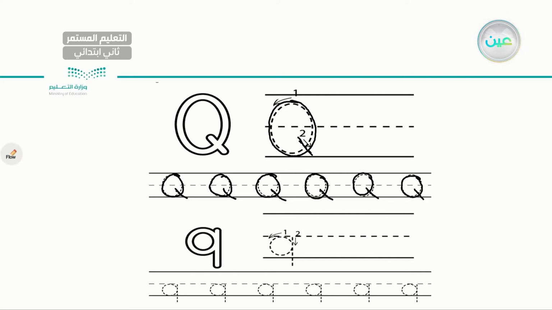Now let's go ahead and write small q. Quiet, question, and so on. Very good, my dear students. So far we covered 2 letters. We covered letter P and letter Q.